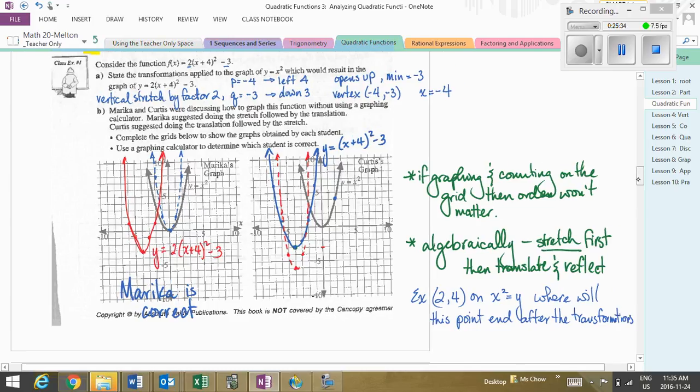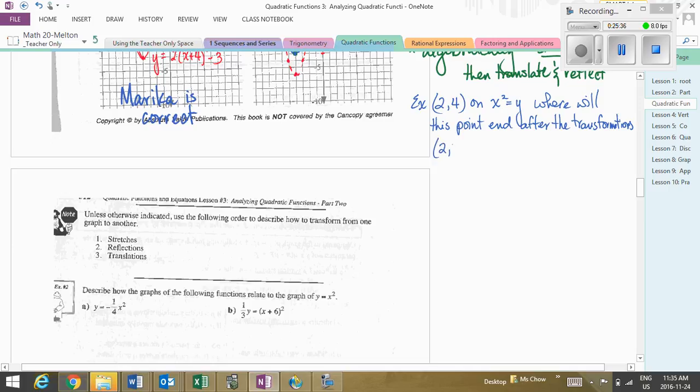Okay, so the very first thing that we're going to do, if I've got 2, 4, is stretch. So that was a factor of 2, because we had y is equal to 2x squared. So then that means that everything is going to get doubled for your y. So then that means the x is not changing. Remember, the x is anchored. So we're talking about 2, 8.